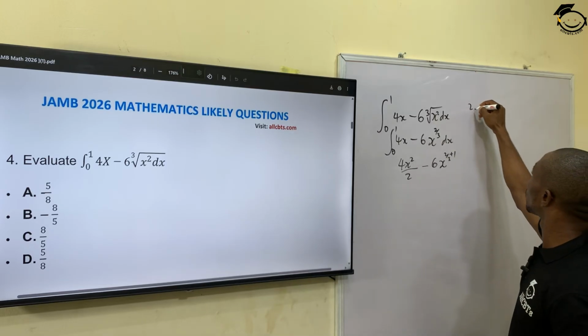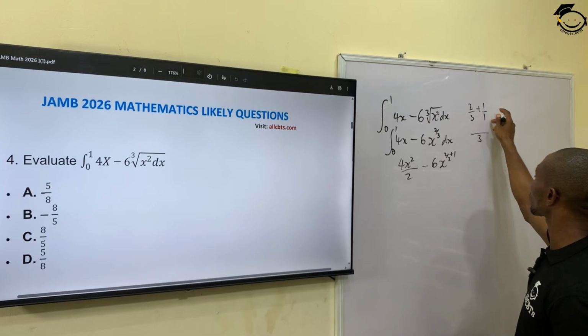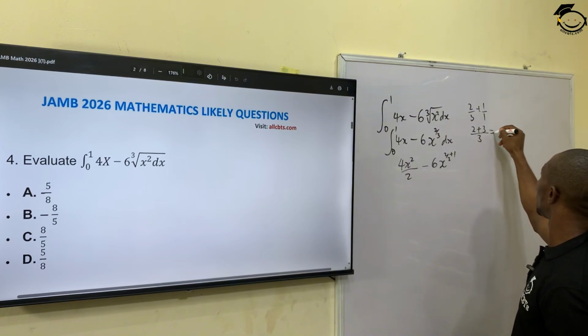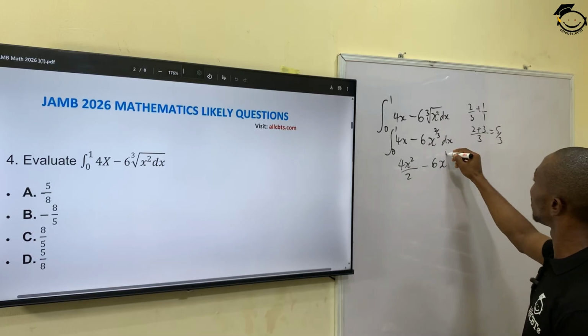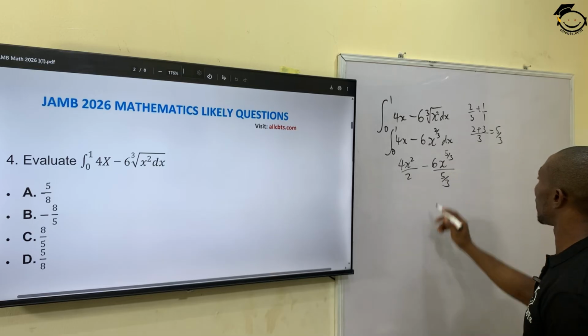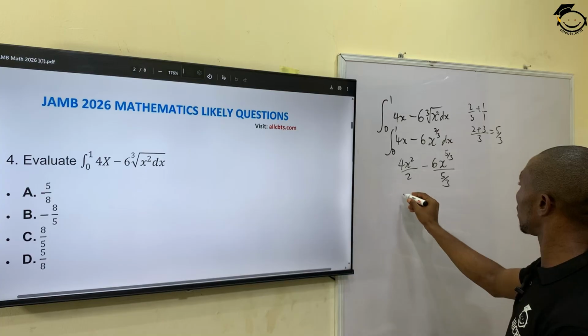This gives us 2 over 3 plus 1 over 1. LCM will give us 3, so this is 2 plus 1 times 3, which gives us 5 over 3. So we have this as 5 over 3 all over 5 over 3.